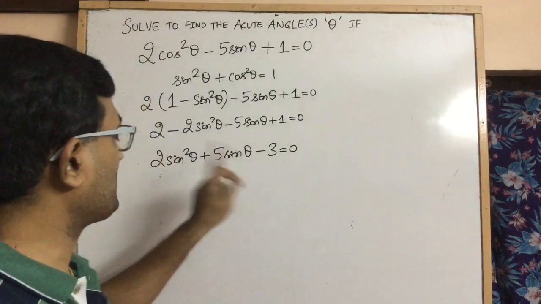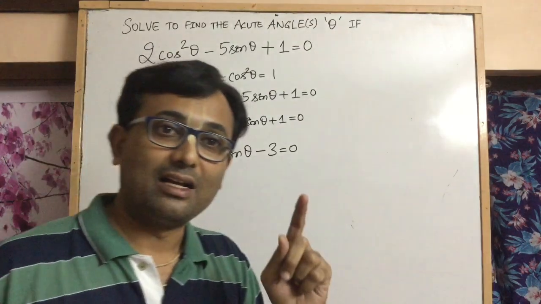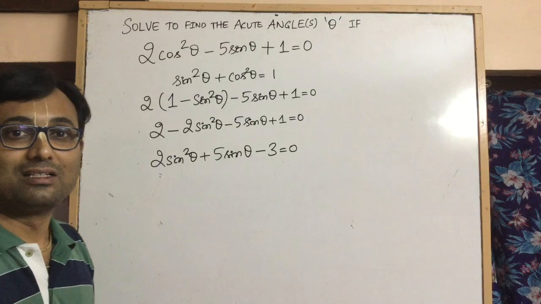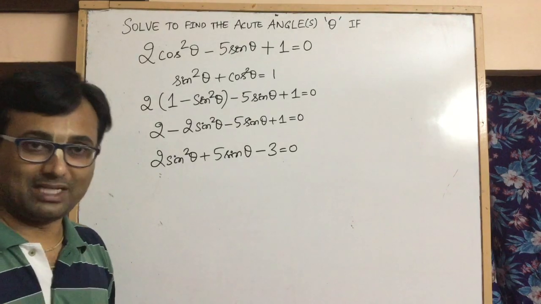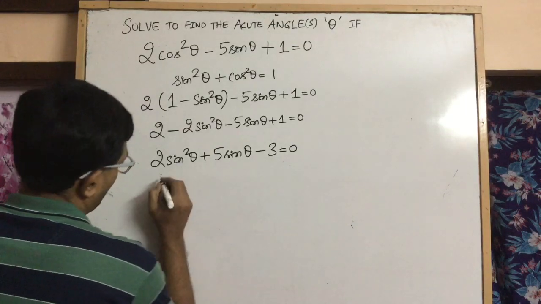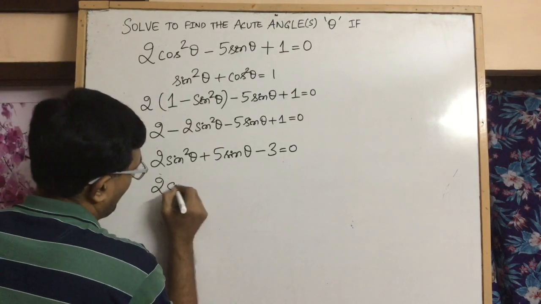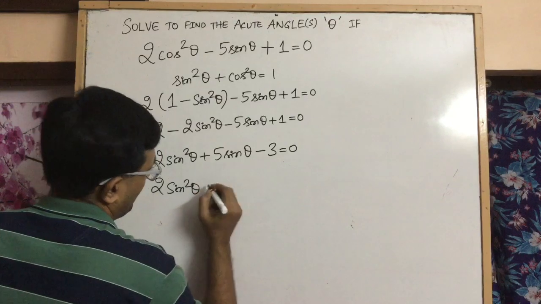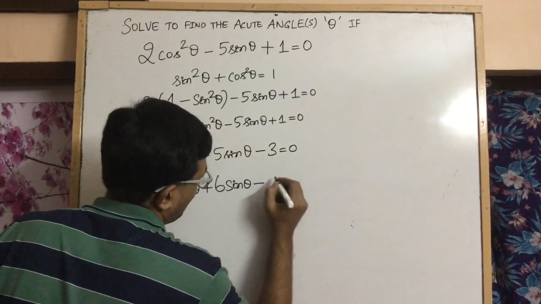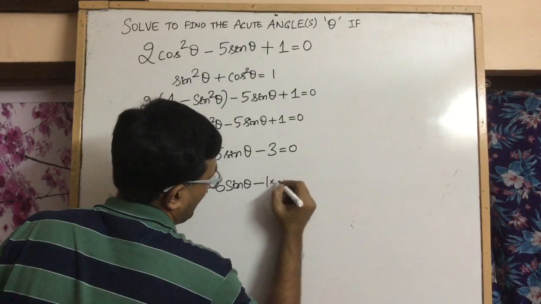The product is minus 6. 6 plus minus 1 is plus 5. So the numbers that we are going to look for are plus 6 and minus 1.